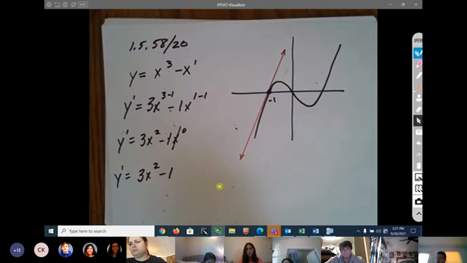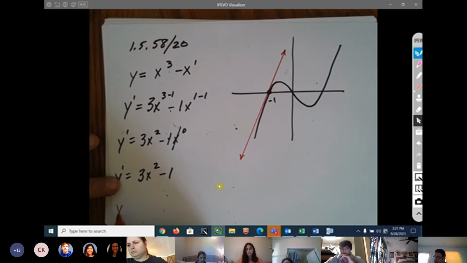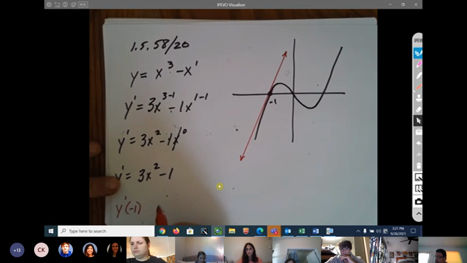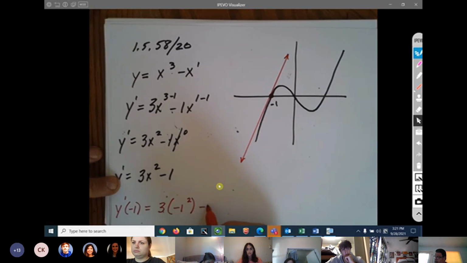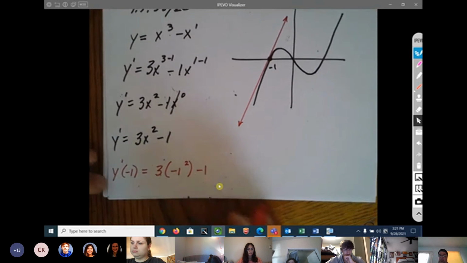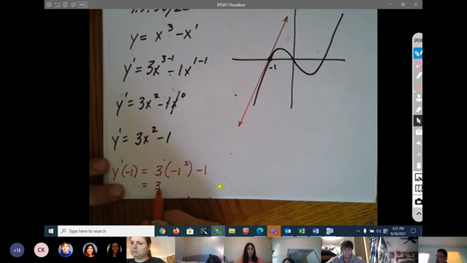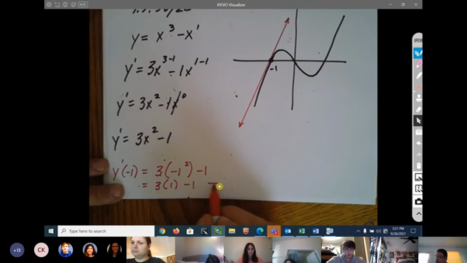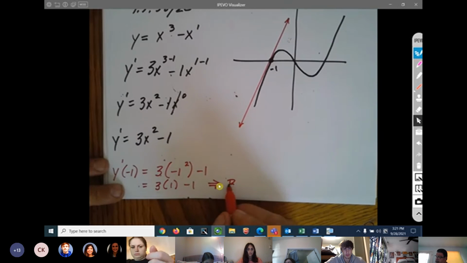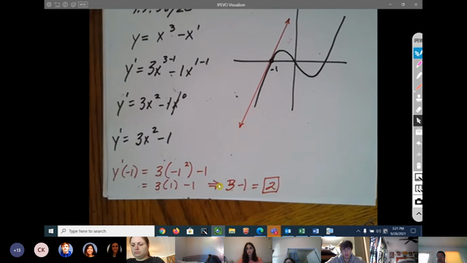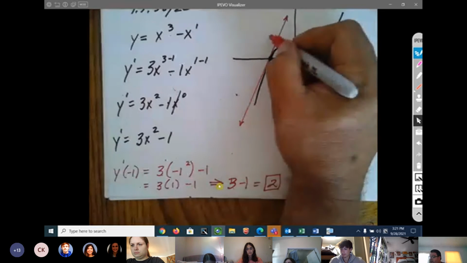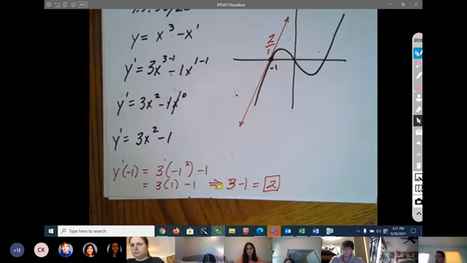Negative 1. So I'm going to find my slope. Y prime of -1 is equal to 3 times -1 squared minus 1. And that's going to be 3 times 1 minus 1. I'm sorry, 3 minus 1, which is what? So it is a whole number and positive slope. So the slope of this line is 2/1.